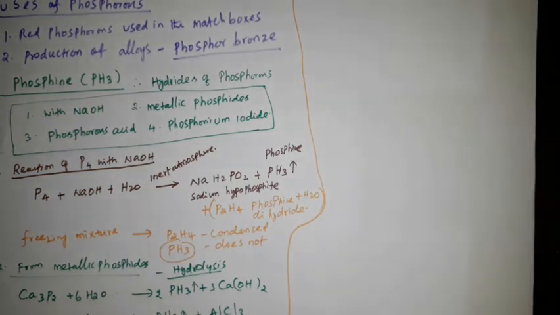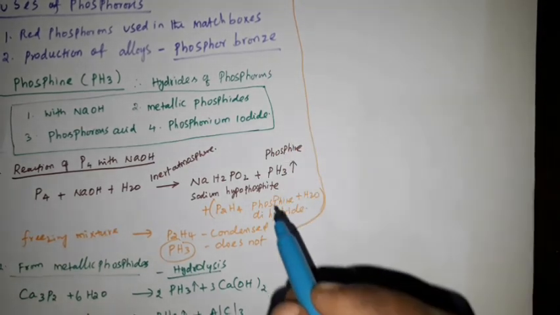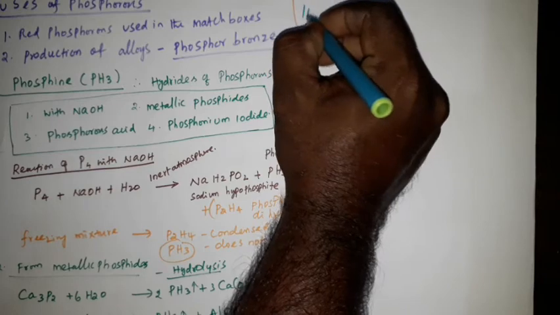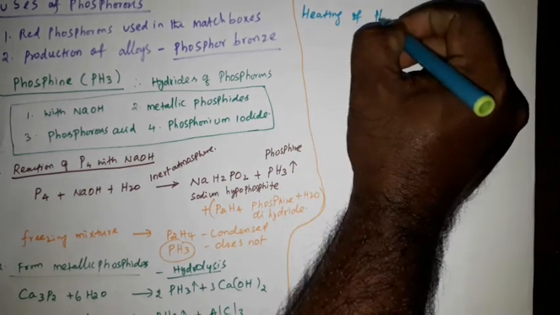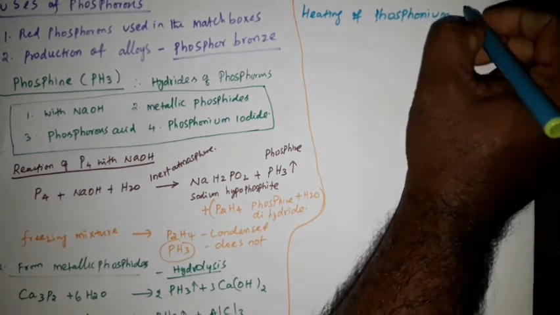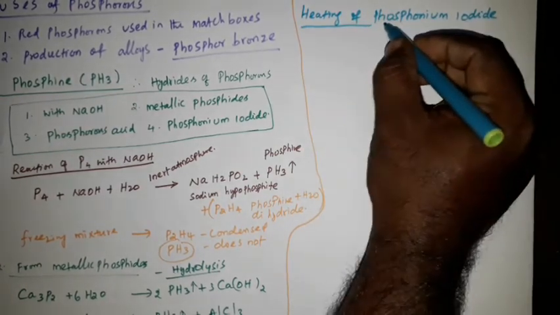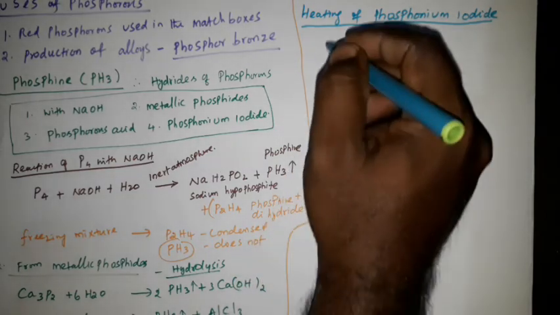The next method is preparation of phosphine by heating of phosphonium iodide. So this phosphine is very pure. We are heating this phosphonium iodide.